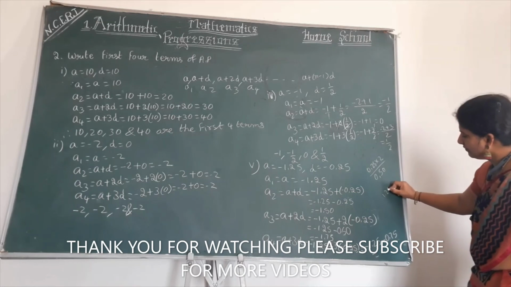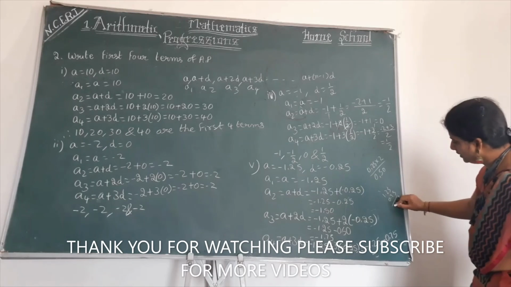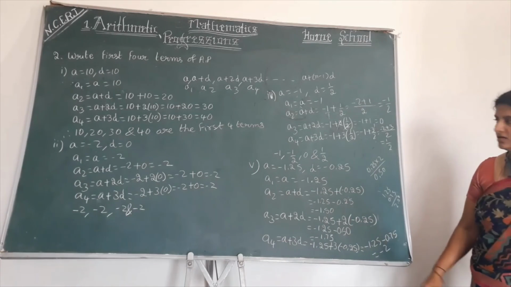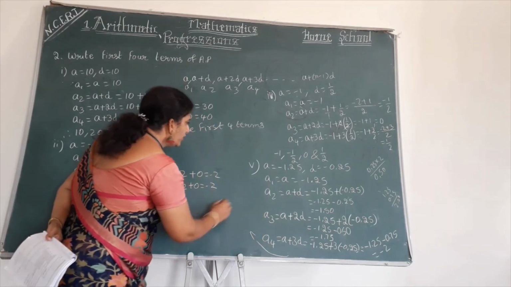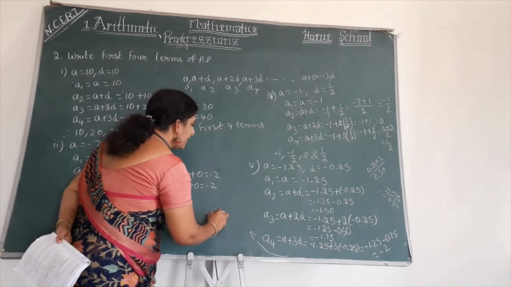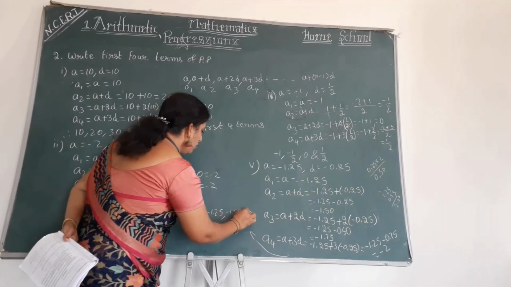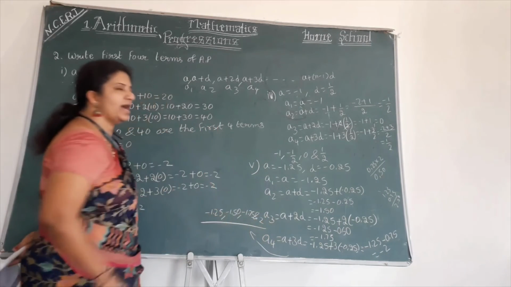Look here, if you don't know, you can add like this. How much will it be? That will be minus 2 is your answer. So therefore, what are the four terms here? Minus 1.25, minus 1.50, minus 1.75 and minus 2 is your answer.